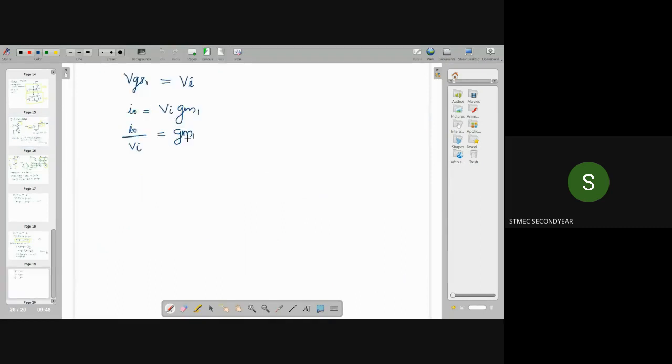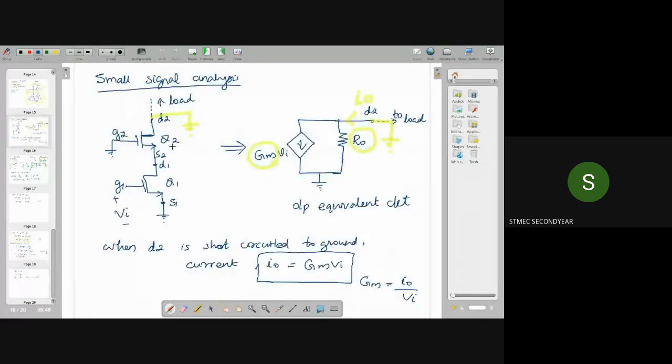So now we have obtained Io divided by Vi is equal to gm1, or we can say this is equal to capital Gm. That is, capital Gm means the transconductance of the output equivalent circuit of the cascode configuration. The small letter gm1 means the transconductance of this Q1.